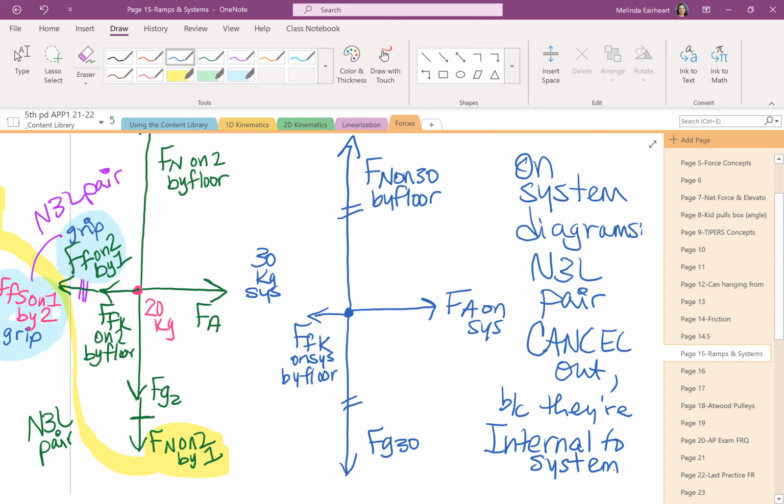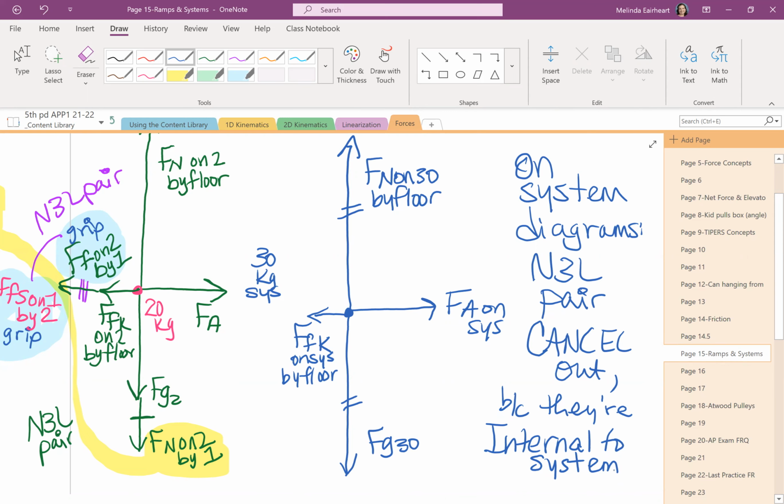And I highly recommend drawing the individual diagrams as well as the system diagram, because depending on what you're solving for, it could be helpful to do either or. Any questions before we move on?